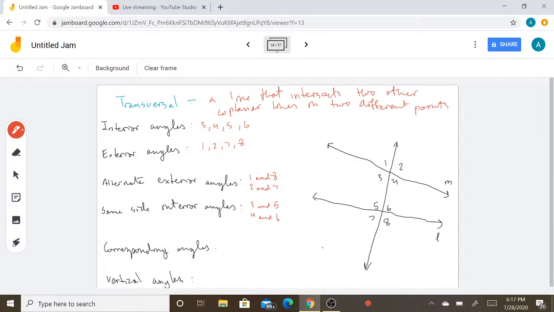Corresponding angles are a pair of angles, one exterior and one interior, that are on the same side of the transversal. So good examples of these are 1 and 5, 2 and 6, 3 and 7, and 4 and 8.